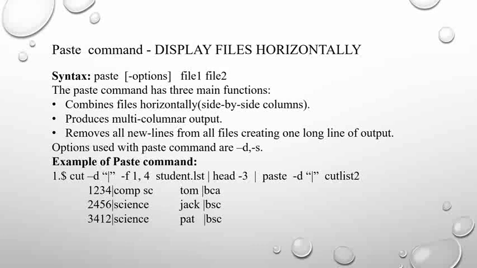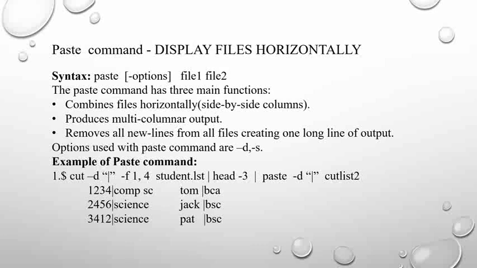Now here is an example for the paste command. As you can see, I've used two files. One is student.list and the other is cut.list, and I've used commands for these two files.